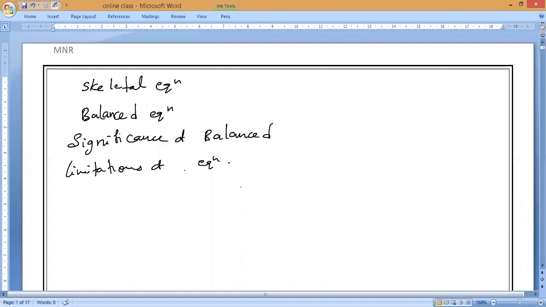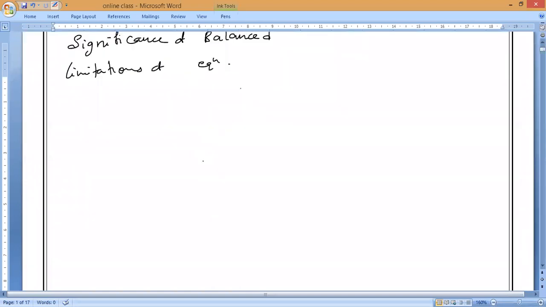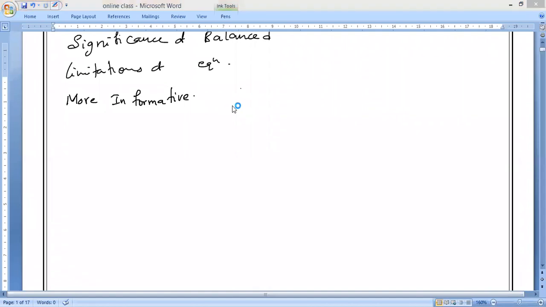In today's class, as I told you in the last class itself, the heading is how to make the chemical equation more informative. As we have studied in the limitations, what are the limitations of chemical equations? Physical state we cannot come to know, and energy change, either endothermic or exothermic, we cannot come to know.